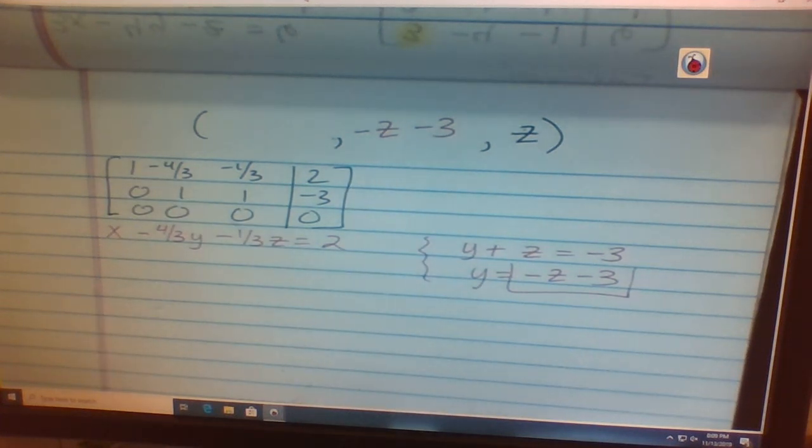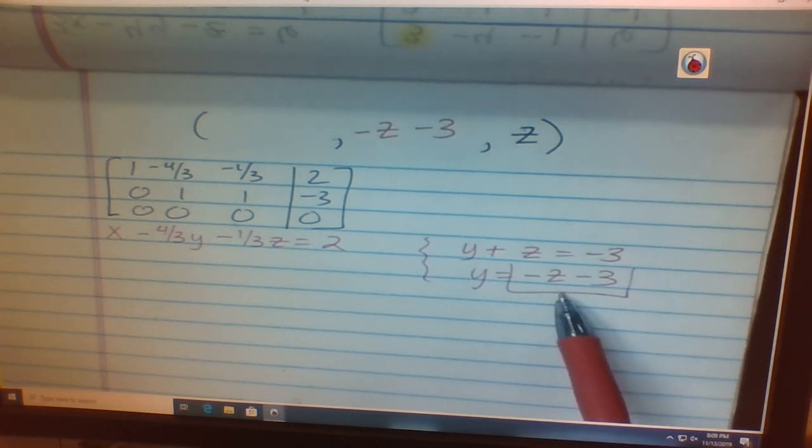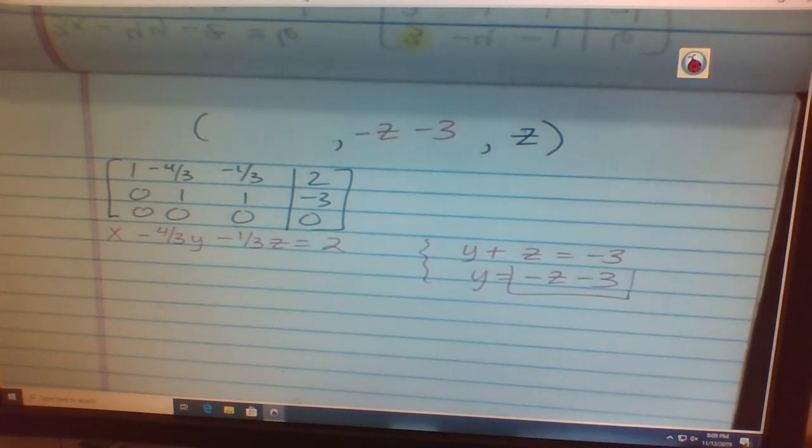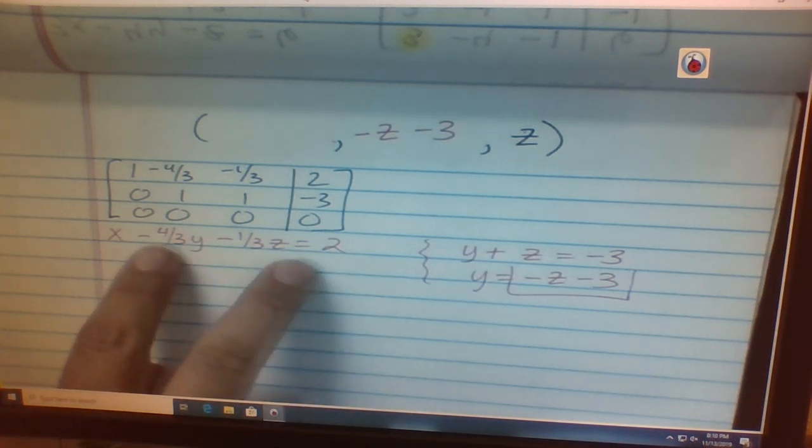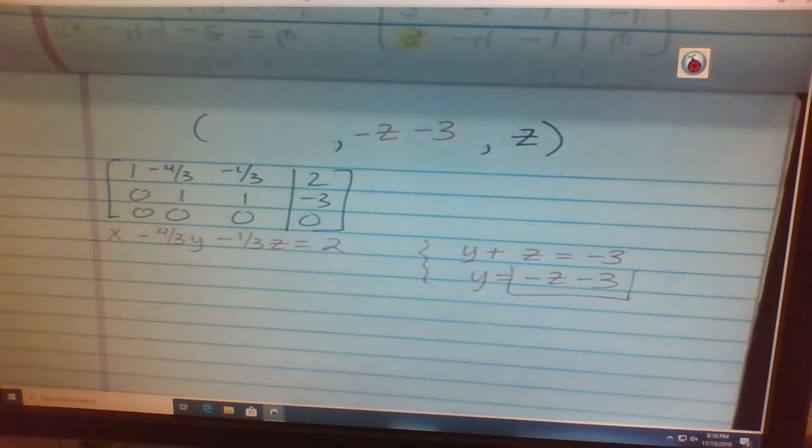So I already know y is negative z minus 3. I don't like this equation because of those two fractions. To make it friendlier, I need to get rid of those fractions. The only way to do that is to multiply by the denominator. Because I have two fractions, I can't use a reciprocal.